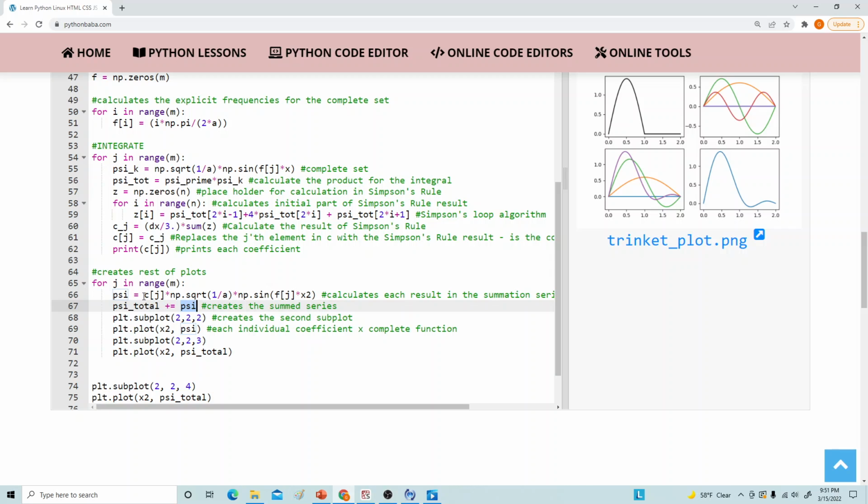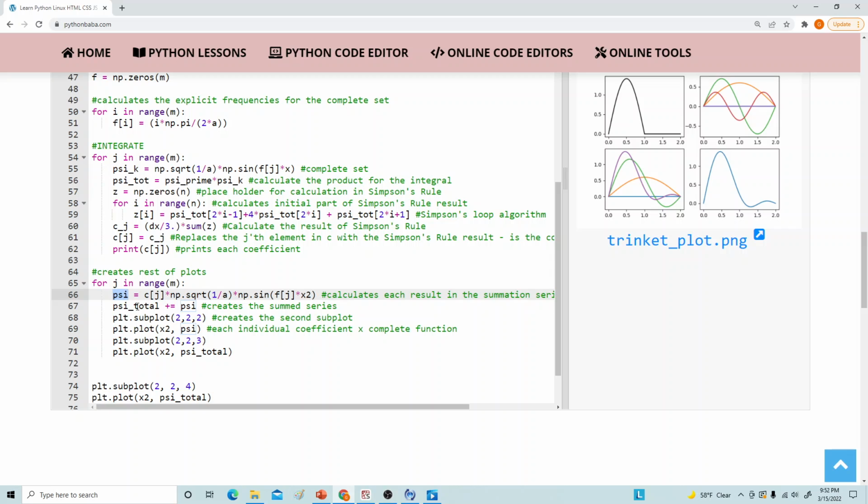So for psi, when m was 0, psi was 0, right? This line of code would have given 0 when m was 0, because that means j was 0 and c of 0 was 0 and the sine of 0 was 0. So it went through this calculation and nothing happened. Well, I shouldn't say nothing happened. I should say that this psi variable then got bound to the number 0.